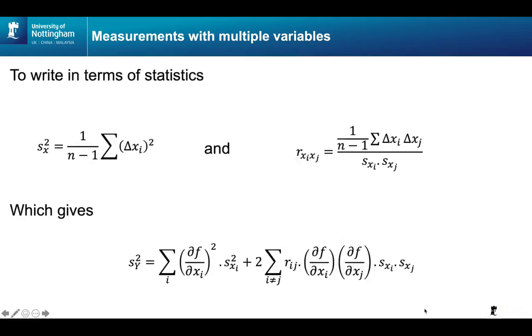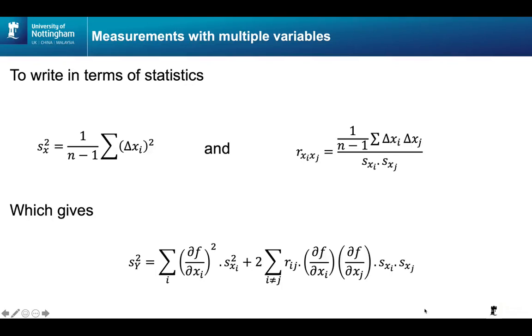So in terms of statistics, just looking at that cross term there, we know that the standard deviation equals the equation on the left there, and this thing I'm defining here, which is delta sigma xi, delta sigma xj over xij, the standard deviations in those terms, that's what's called a correlation coefficient. So you don't need to go into too much detail. You can look up how to calculate those. Actually I notice I've missed out the summation term, so there should be a summation over x and y in the correlation coefficient there.